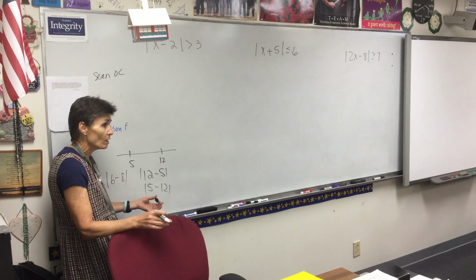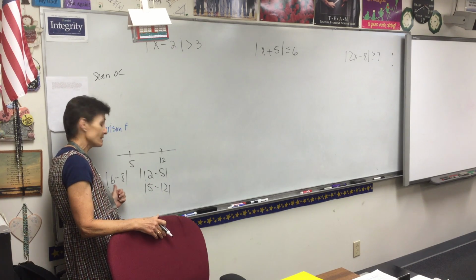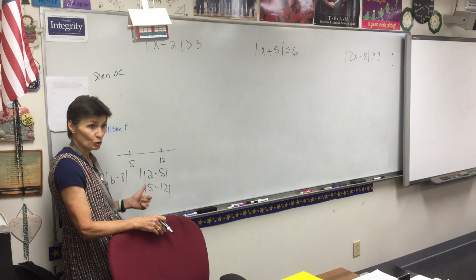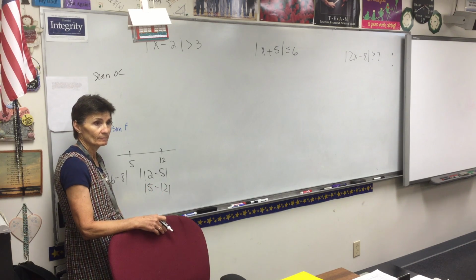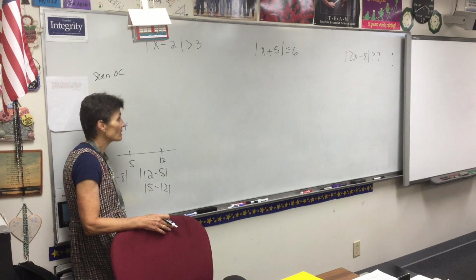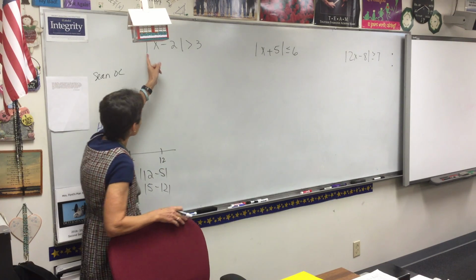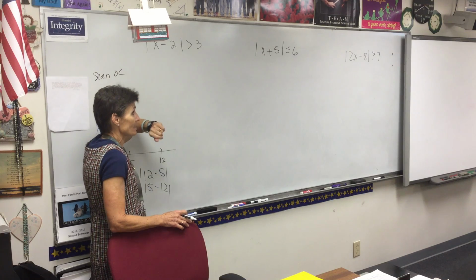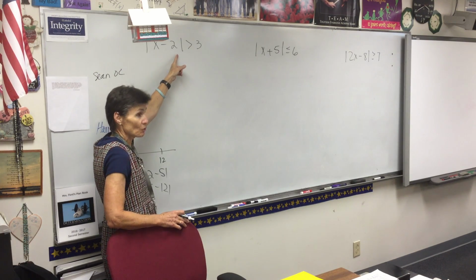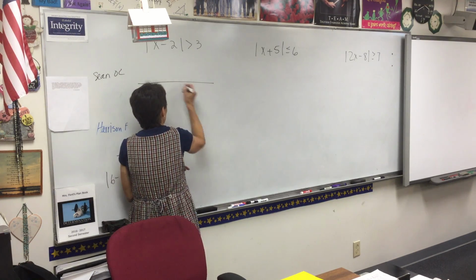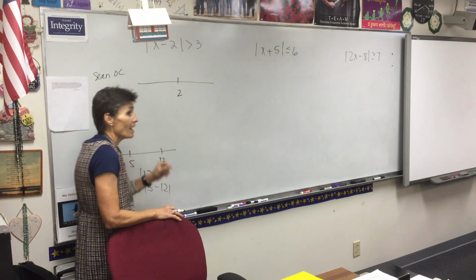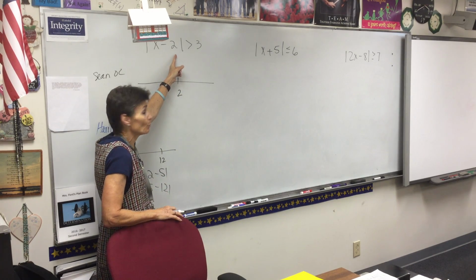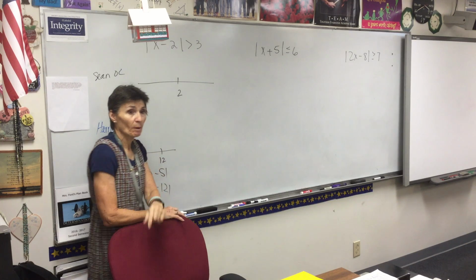You'd say 2, but what that means is 6 and 8 are 2 apart on the number line. Okay, that's easy. So what does this say? Because it's an absolute value and a minus. This says that x and 2, here's my number line, here's 2, x and 2 are more than 3 units apart.